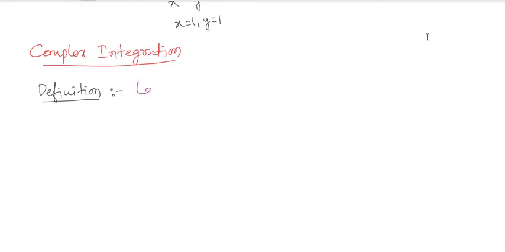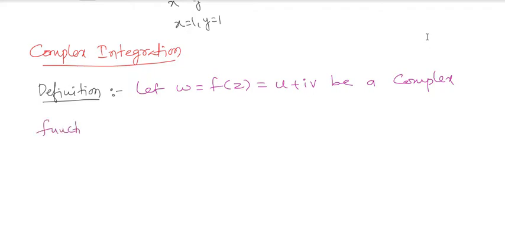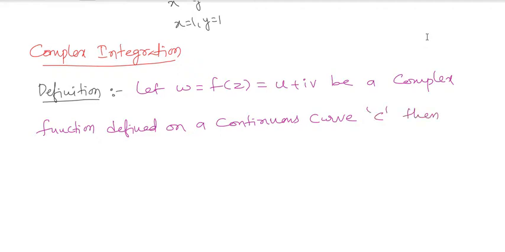Let W is equivalent to f of z, which is equivalent to u plus iv, be a complex function defined on a continuous curve C. Then integral C f of z dz is equivalent to integral C of u plus iv into dx plus i dy.